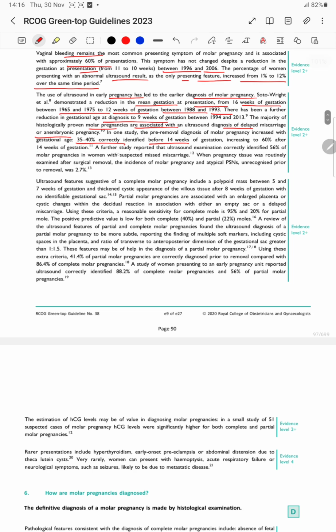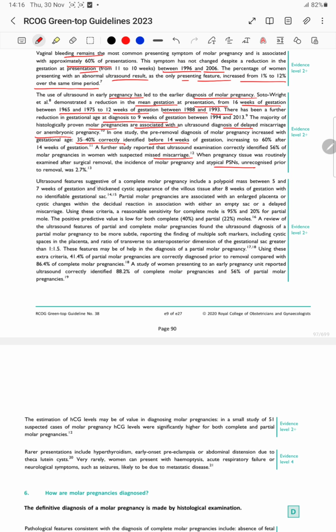A further study reported that ultrasonographic examination correctly identified 56% of molar pregnancies in women with suspected miscarriage, and when the pregnancy tissue was routinely examined after surgical removal, the incidence of molar pregnancy and atypical PSNs unrecognized prior to removal was 2.7%.